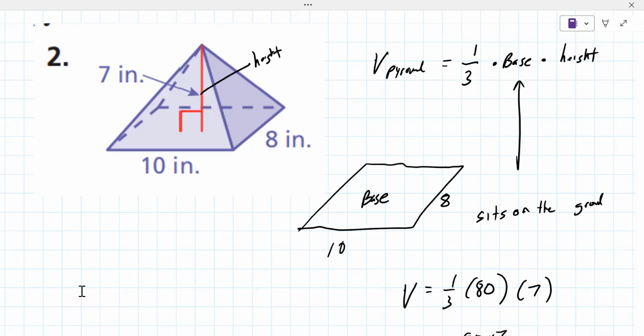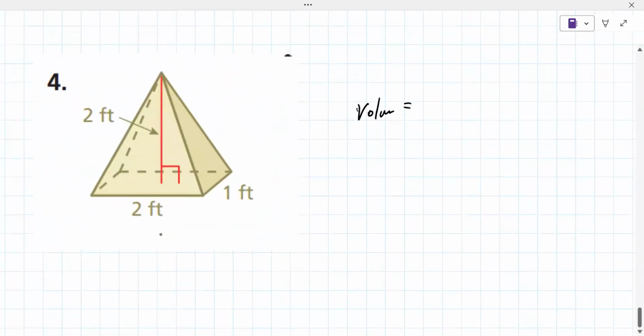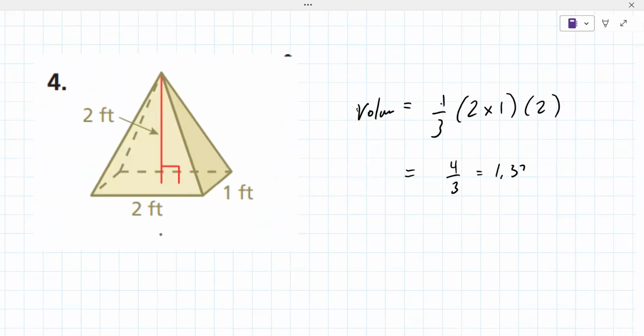So it'd be like 1.3. So that's good, I heard a lot of the right things. So 1/3, the area of the base is 2 times 1 and the height is 2. So yeah, it's 4/3 or 1.3333333. Write that. Good.